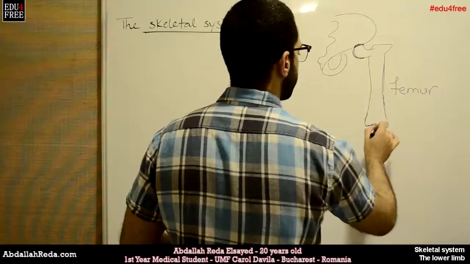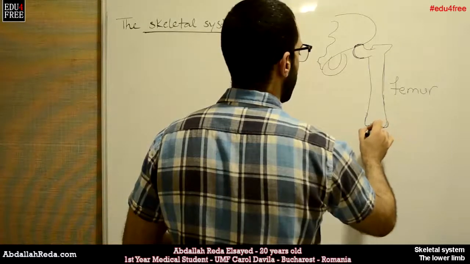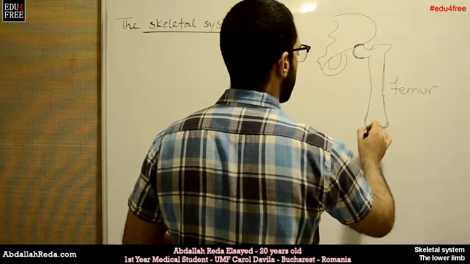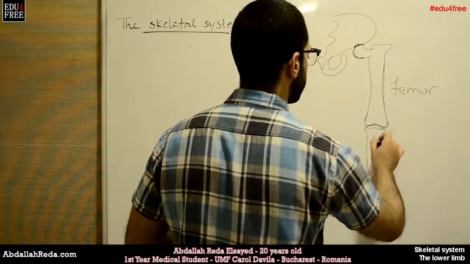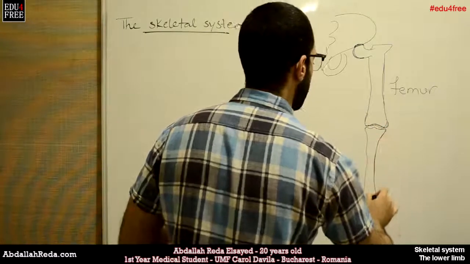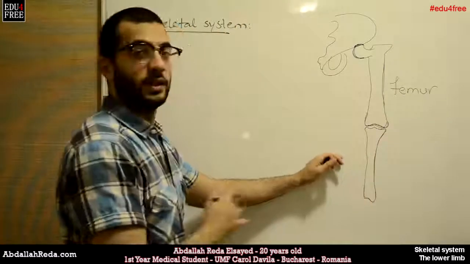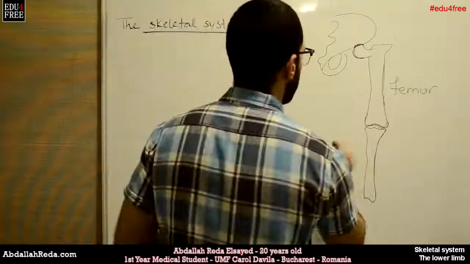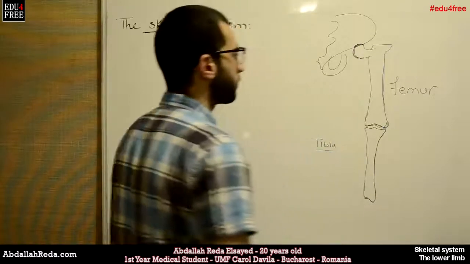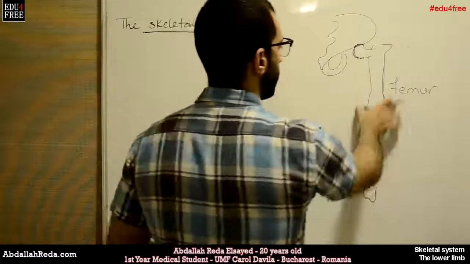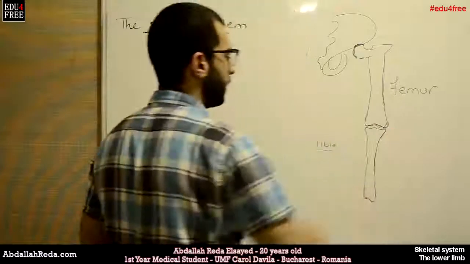And then we will have a bone that articulates directly with the femur, and this bone is found medially on the inside of the body. This is called the tibia. So this is the thigh, and this is the leg.